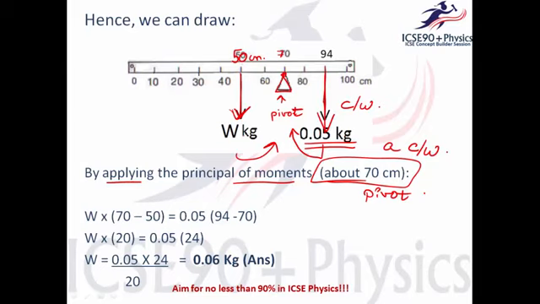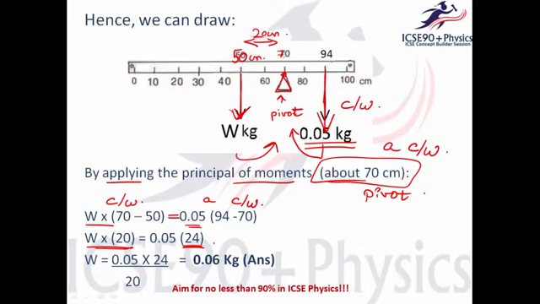So we get W into this distance being 20 centimeters. So W into 70 minus 50, that is 20, is equal to 0.05 times 94 minus 70, which is nothing but 24.